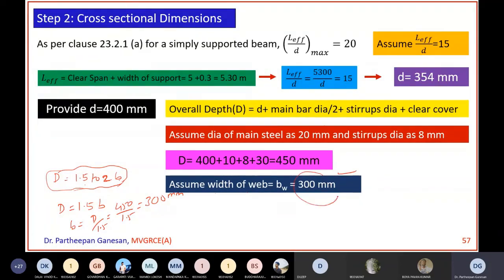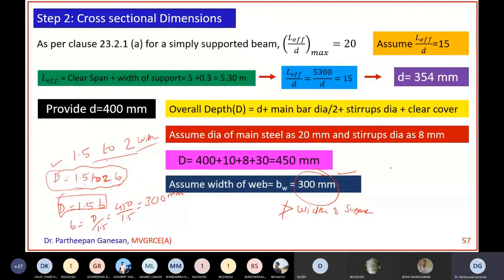Okay, this is not arbitrary. This I assumed from here. Overall depth of the beam should vary from 1.5 to twice the width. So I am taking D is equal to 1.5 times b, and from this I got 300 mm, right? Remember that this beam width should not be greater than the width of the support.